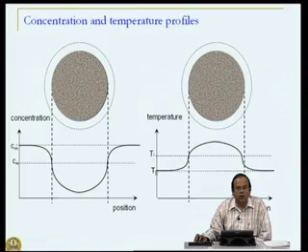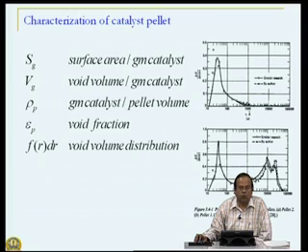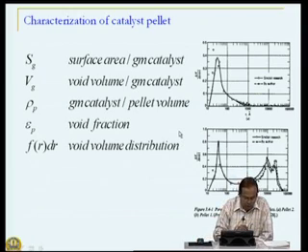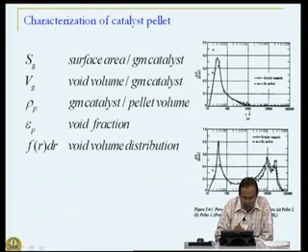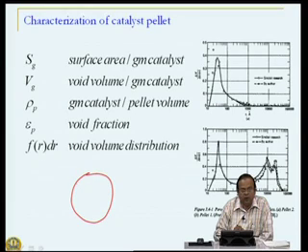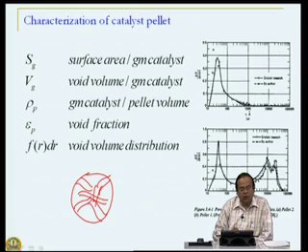So, how do we actually characterize the pore? There are several quantities of interest which help us characterize the pore. What we are essentially talking about is, let us say, my catalyst pellet, and through this pellet are these pores which are randomly distributed and networked and so on and so forth.